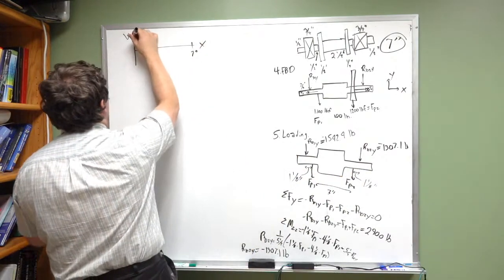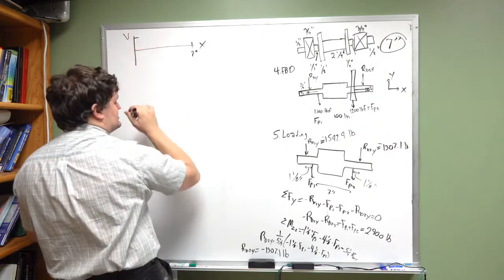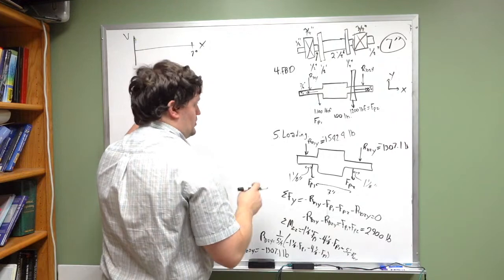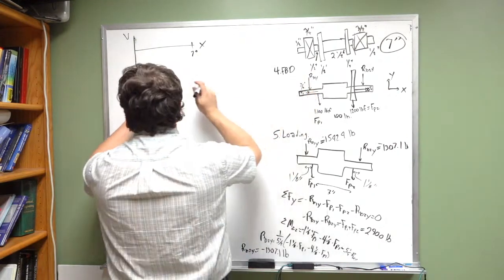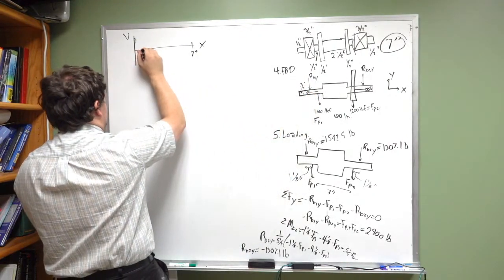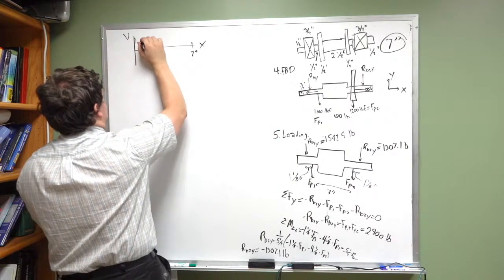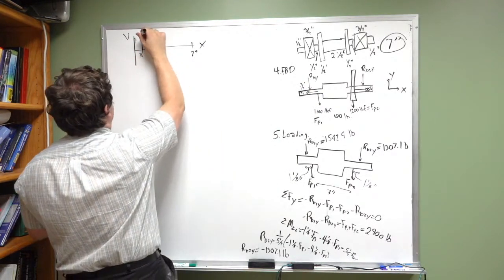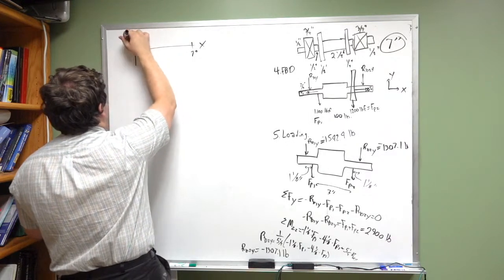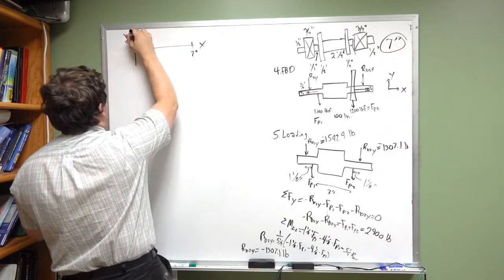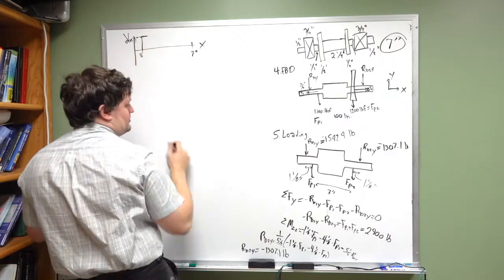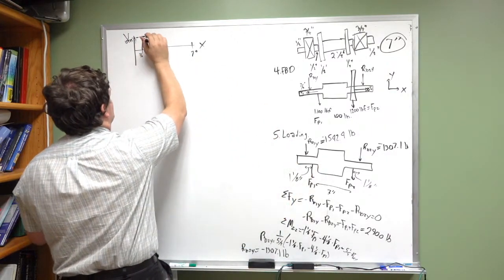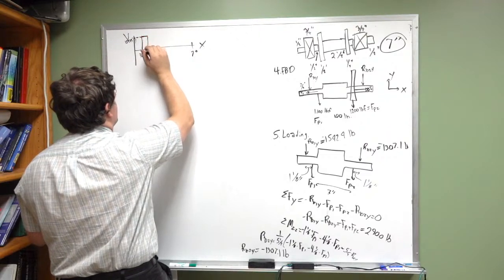We start out with 0 at 7/8 of an inch. Then this jumps up to 1592.9 pounds. 1592.9 goes over for 1 1/8 inch, which is at 2 inches, then it drops down.